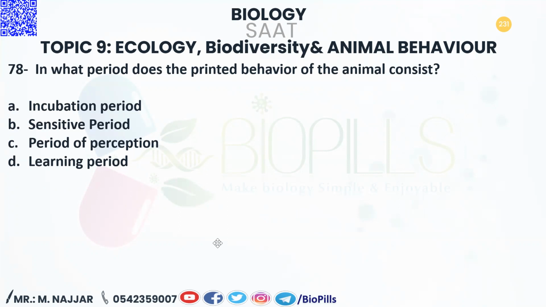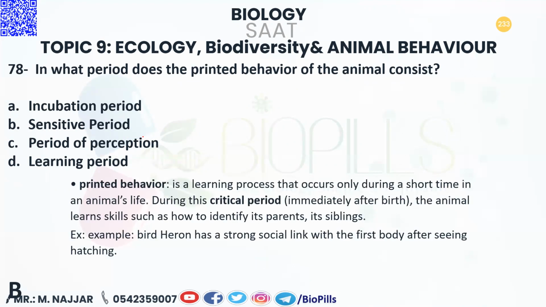A, incubation period, B, sensitive period, C, period of perception, D, learning period. By the way, you will not find this name in the textbooks, but here it came as sensitive, which is the critical period in the scientific textbooks. Yes, exactly. But here he used sensitive, so watch out not to mix it up.